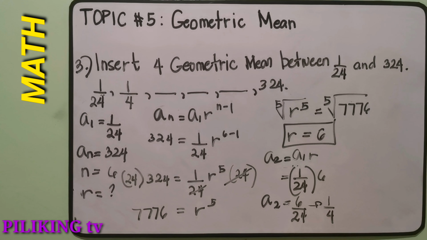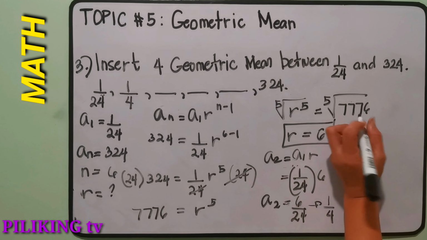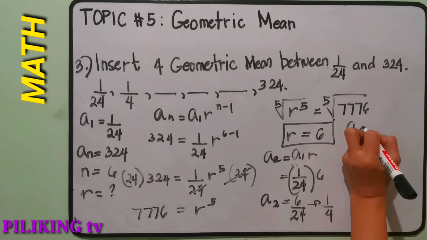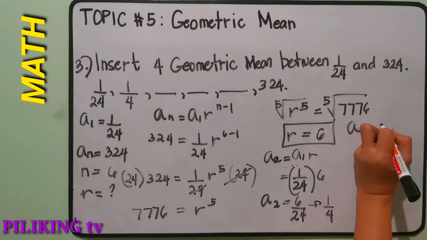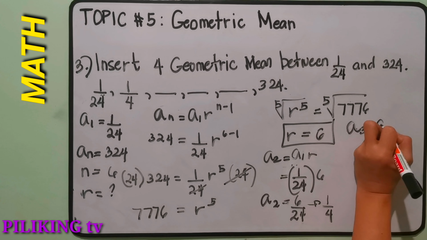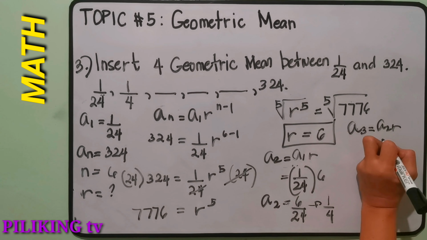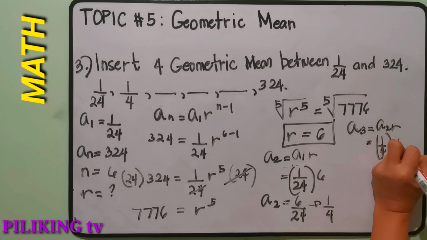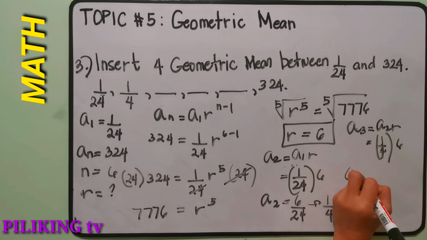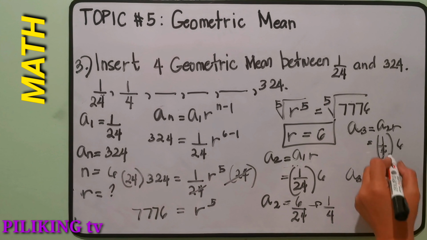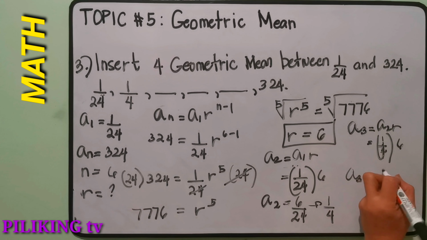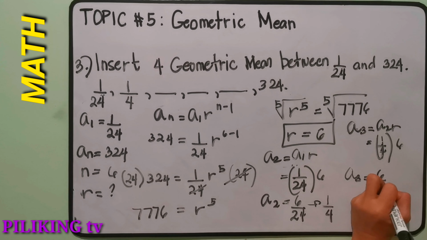Okay, let us now get the third term, or a sub 3. So a sub 3 is equal to a sub 2 times r. So our a sub 2 is 1/4 times the common ratio, which is 6. So a sub 3 is equal to, you multiply 1 to 6, then over 4.